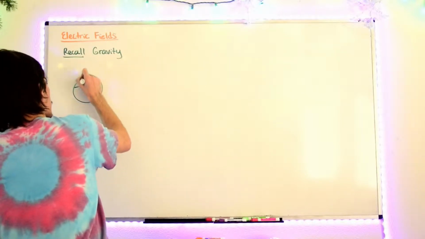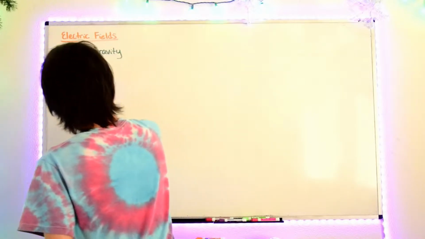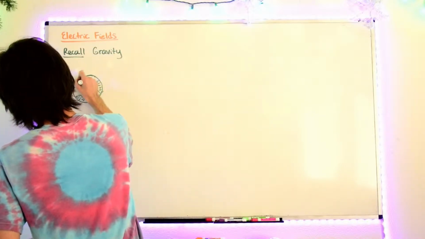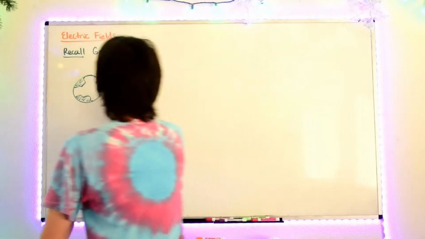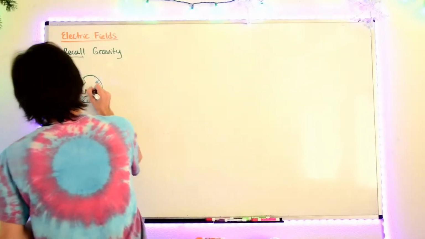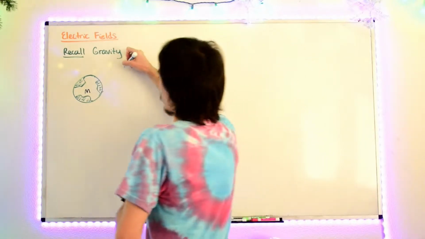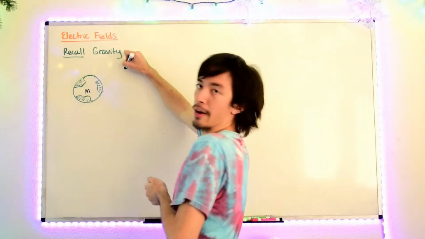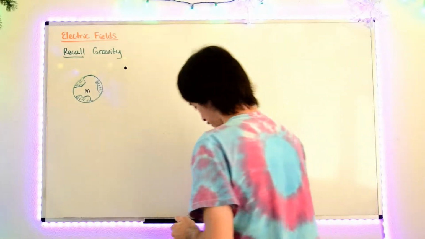And we know the Earth has a gravitational field all the way around it, and it pulls objects towards it. So the Earth would have some mass, and there'd be another mass somewhere out here, or on the surface of the planet, somewhere in the vicinity of it.